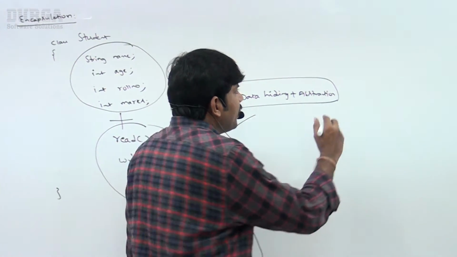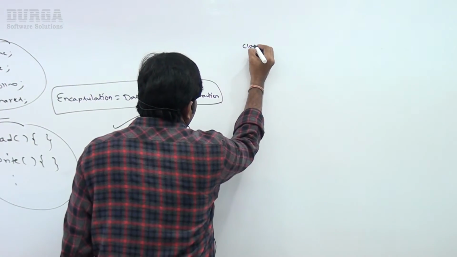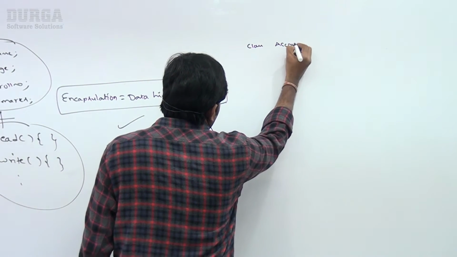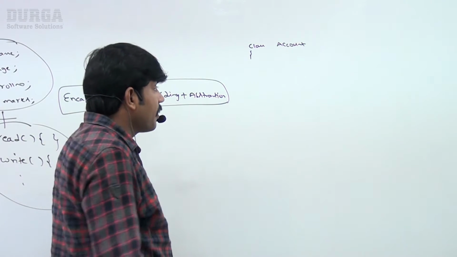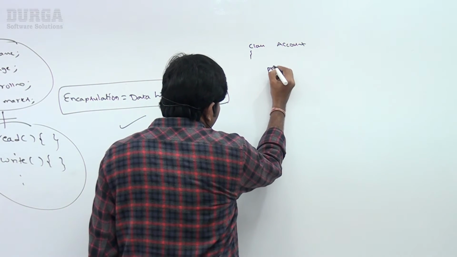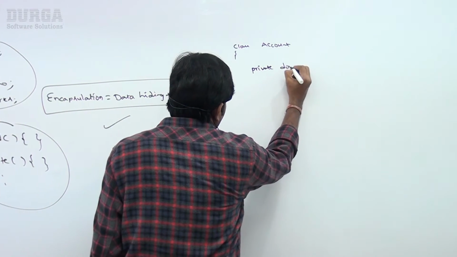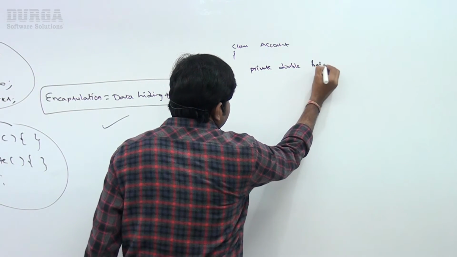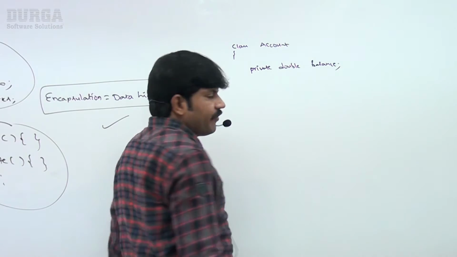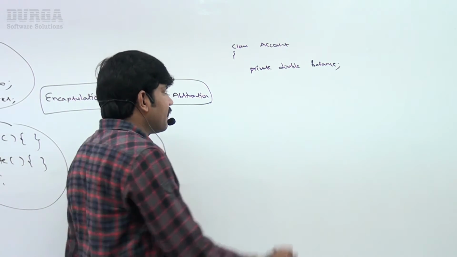Now let me take a small example. I am taking class Account, sir. Observe very carefully. Class Account. For every account, a private double balance field is there, sir.